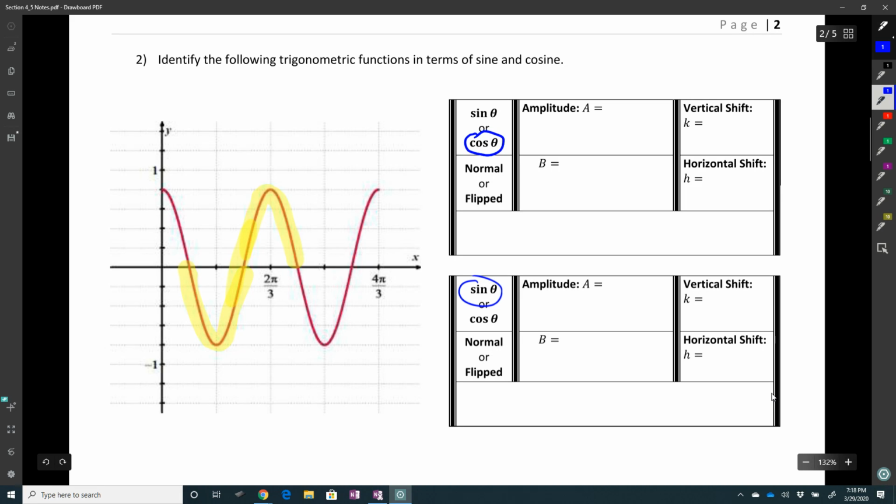It depends on how you want to look at it. And this is also an upside down sine wave. But if I wanted to, I could have started over here. And that's a right side up sine wave. So there's really no wrong answer for these. It all depends on your original starting point.